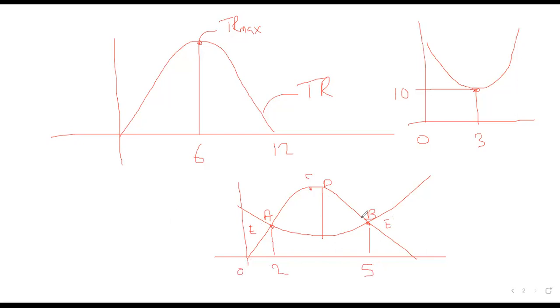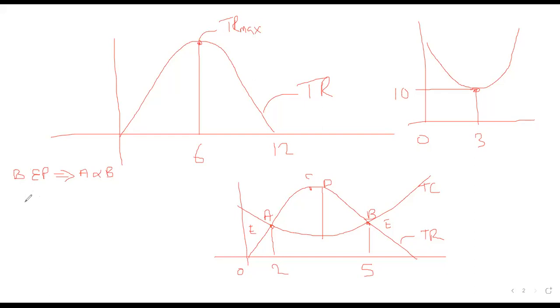Point A and B is a point where total cost and total revenue meet. So we call that the break-even point. The break-even point is a point where our profit is 0. We're neither making a profit or a loss. Point A and point B, that is our break-even point.